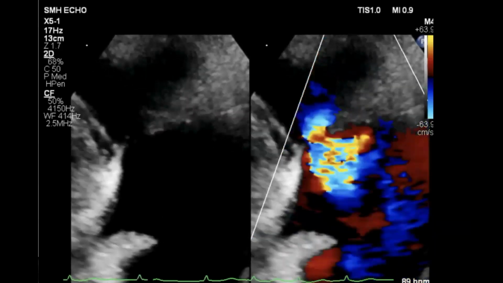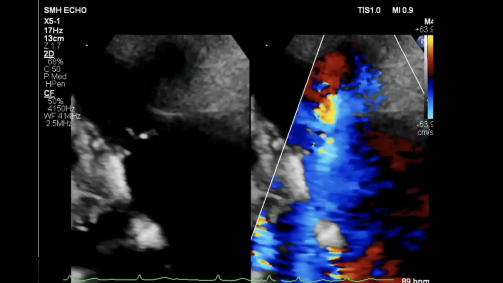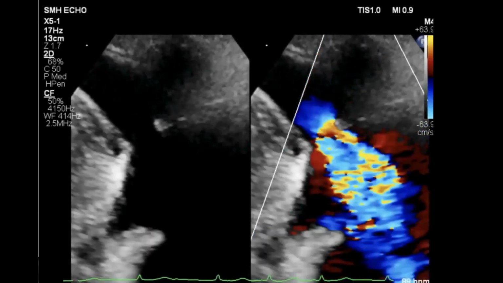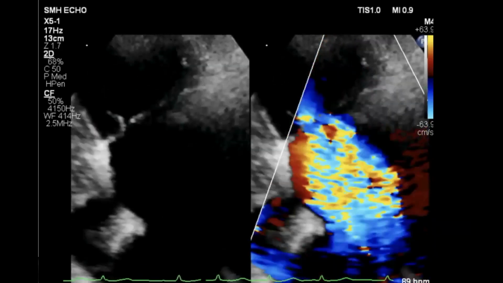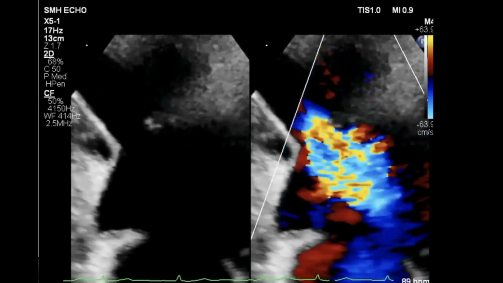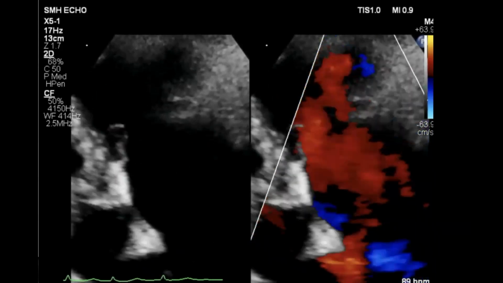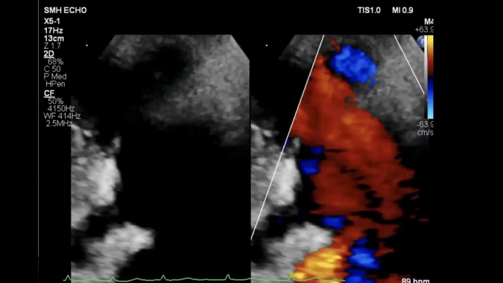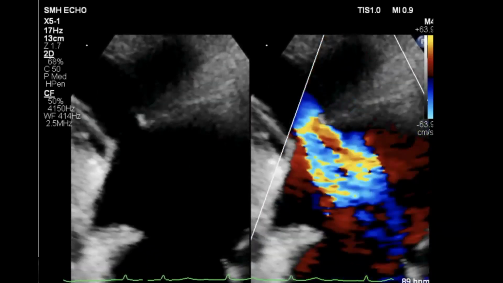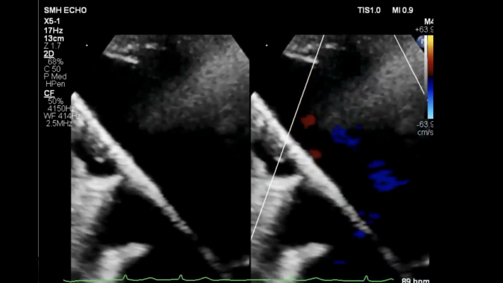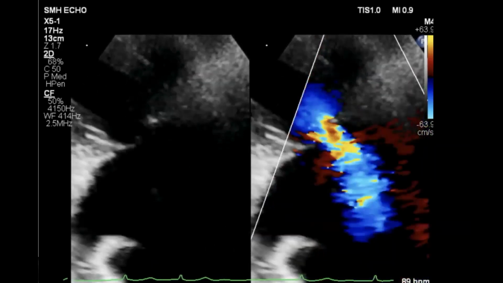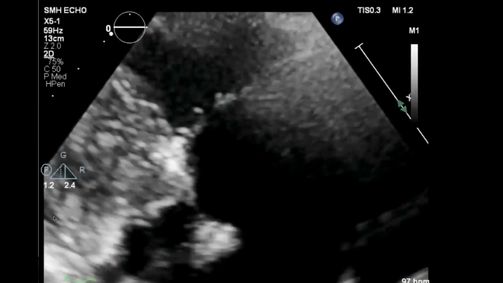Again, clearly the leaflets are tethered. There's a large central coaptation gap. We don't truly see lead-leaflet interaction. And so even on this transthoracic echo, when we were reading it, we had a hunch that there probably wasn't going to be lead-related TR, and that this is more likely to be functional TR.